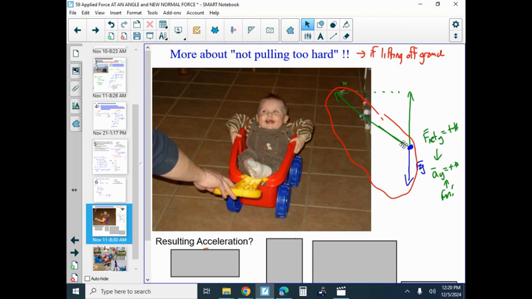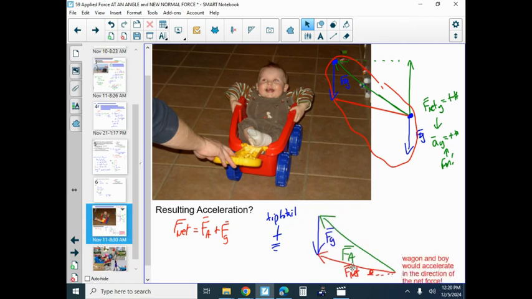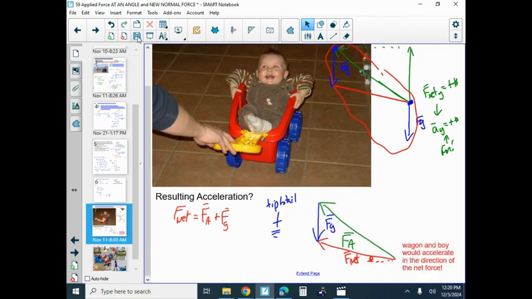So if you pull really hard, then you end up with a net force up, and it causes acceleration in the direction of that net force. You'd take the two forces, add them up, and end up with acceleration in that direction. So you'd have your net force, and you can picture the way it would go for at least a little bit, resulting in acceleration and so on. There's my diagram. Good stuff.